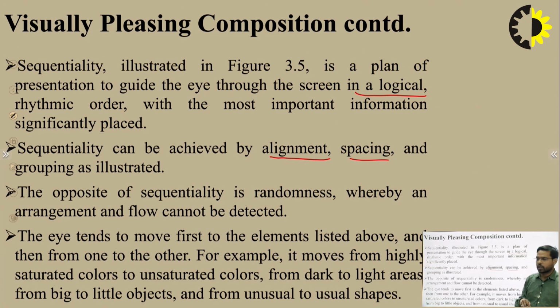The opposite of sequentiality is randomness, meaning there is no sequence, only random values, so an arrangement and flow cannot be detected. The eye moves first to the elements listed above and then from one to another. For example, it moves from highly saturated colors to unsaturated colors, from dark to light areas, big to little, and from unusual to usual shapes.